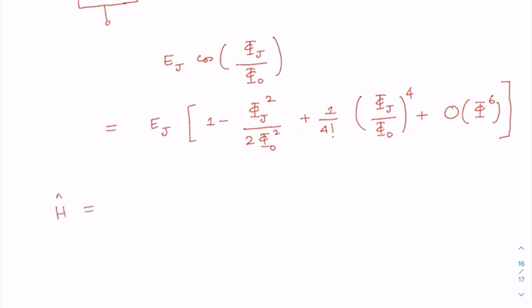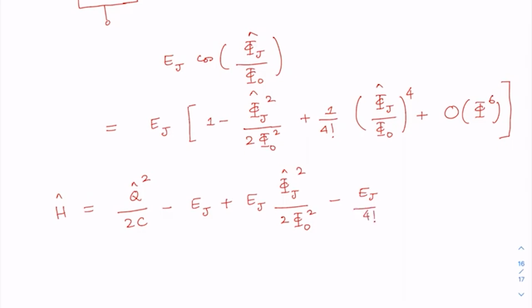We'll have H is equal to q square by 2c minus Ej plus Ej, all these are operators, phi j square by 2 phi 0 square, minus Ej by 4 factorial phi j to the power 4 divided by phi 0 to the power 4.